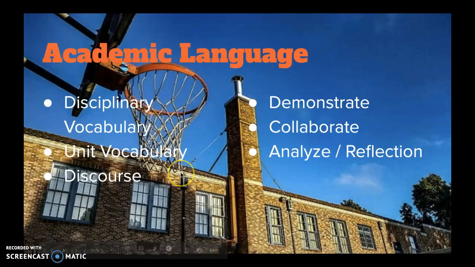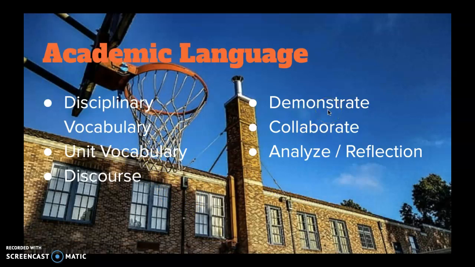Unit vocabulary is just a little bit more specific. So, for instance, in soccer or in basketball, if you want to pass, you have to say chest pass or bounce pass. You specify it a little bit more, and that's what unit vocabulary is.